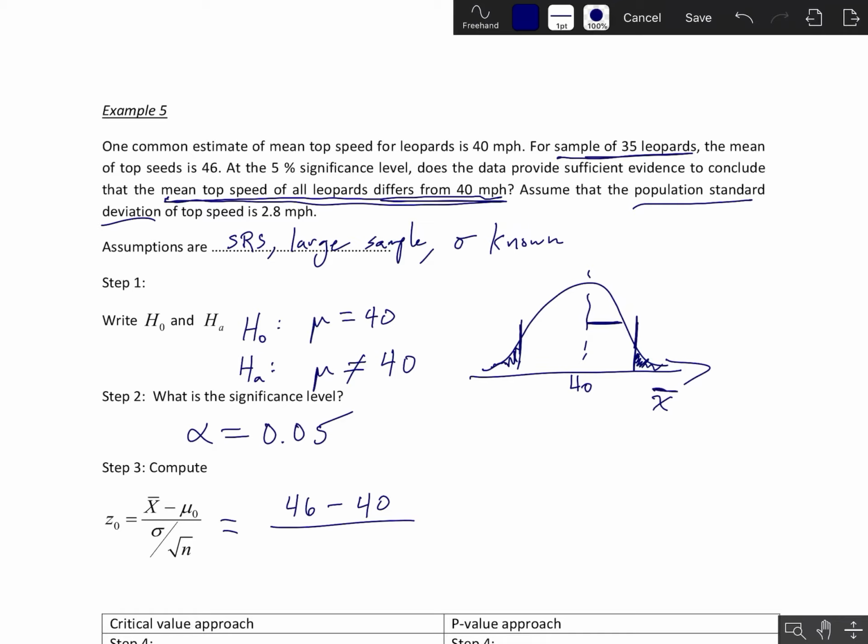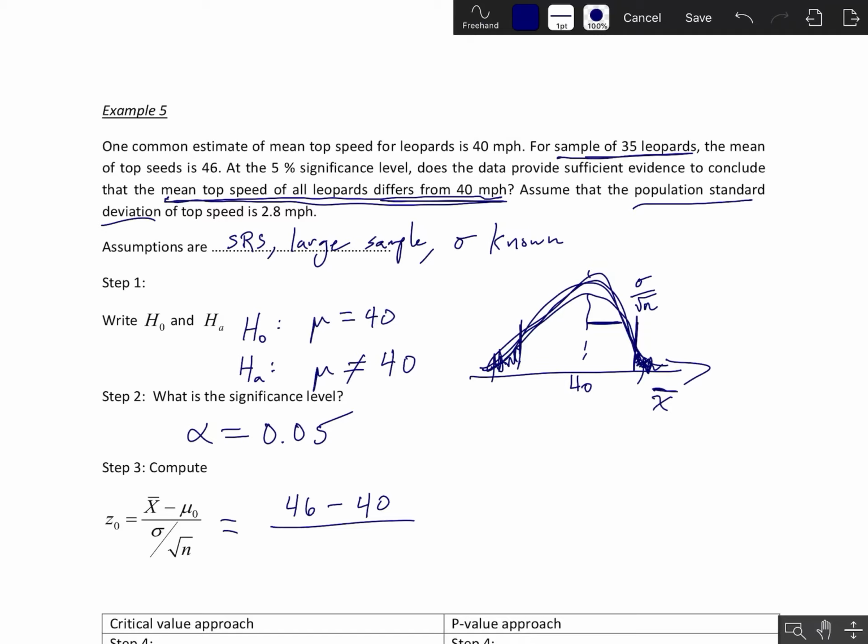Remember that the pictures that I'm drawing are the distribution that we would expect from the sample mean if the null hypothesis is true. So if the null hypothesis is true, then we really are centered around 40, and our x bar values will have a standard deviation of sigma over the square root of n. So this is the shape that we would expect for our x bar results.